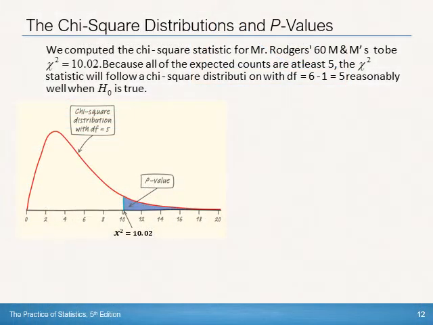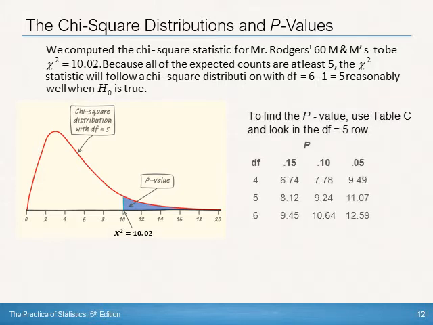All right, so in our example here, we have degrees of freedom of 5. Our test statistic we calculated before was 10.02. And that would give us the shaded blue region as our p-value. So we would go and look at row 5 of our chi-squared table.